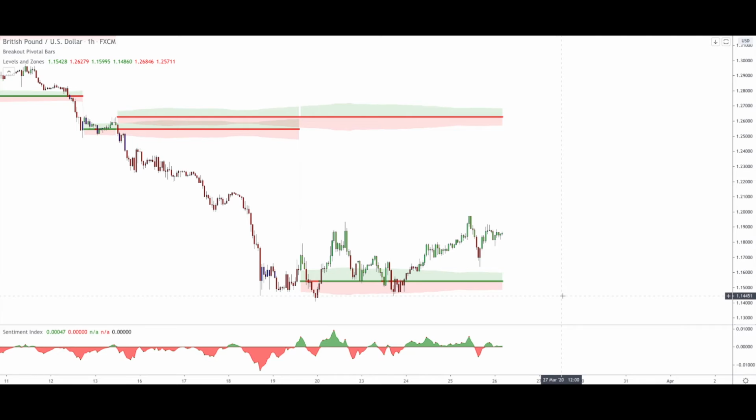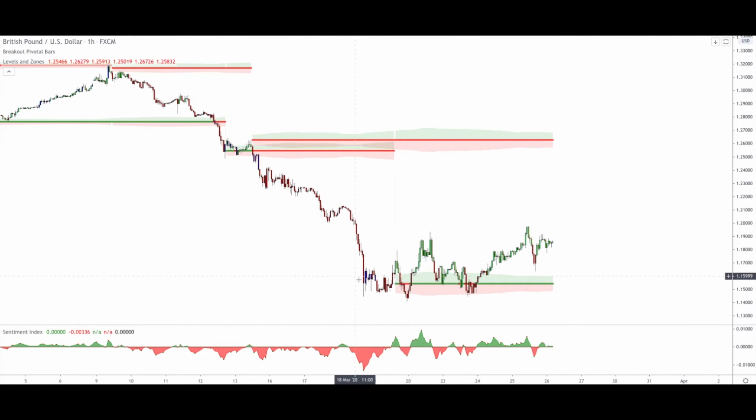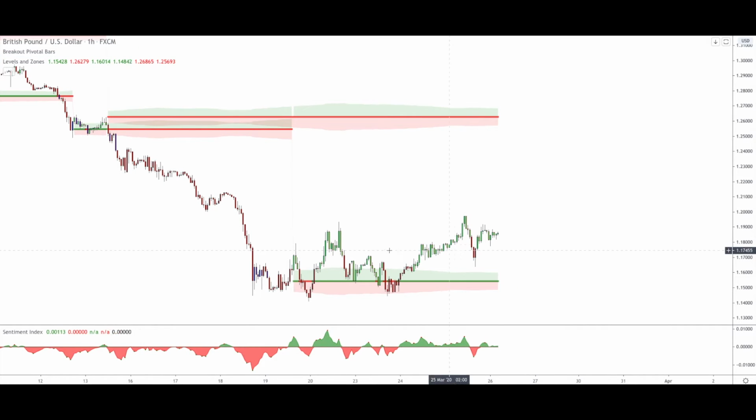So what I'm expecting, considering this downtrend and this sideways movement, is the price to move around this area here. So I'm expecting it to continue to move sideways with some kind of an uptrend here.